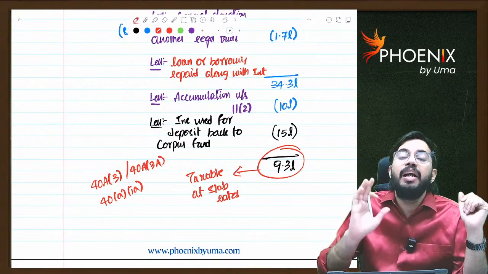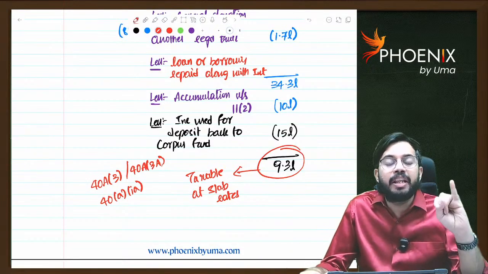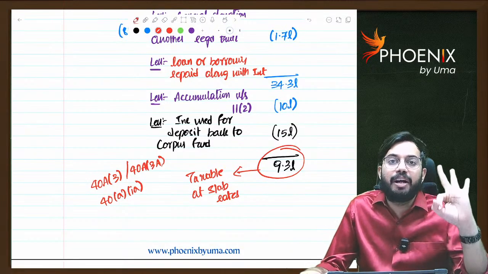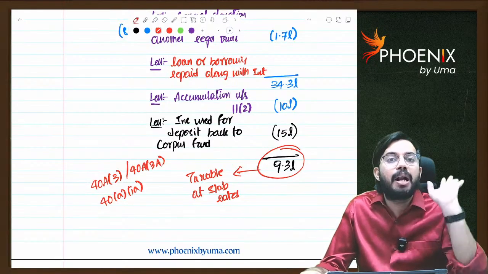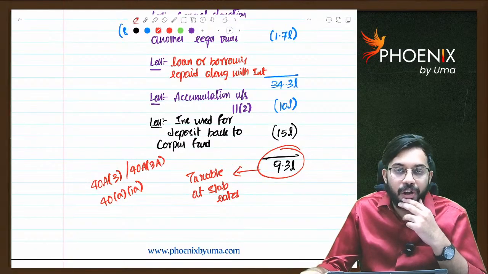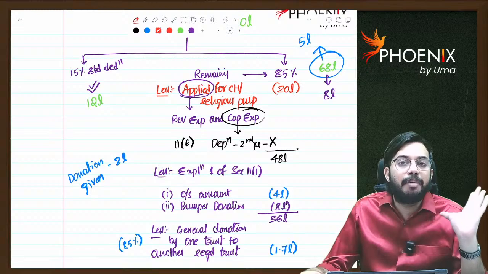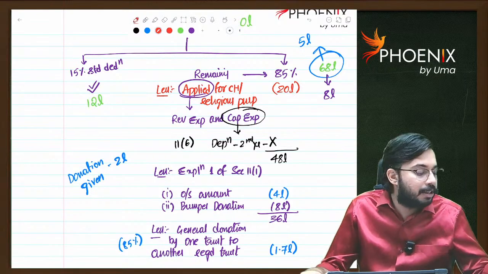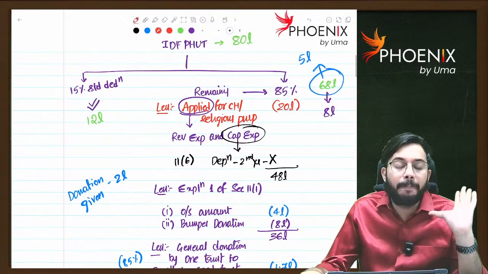In the current year, it will be disallowed and it will be treated as income. So 40A(3), 40A(3A), 40A(1)(a), all these three provisions which we have studied in PGBP, same are applicable for trust taxation also. Okay, so this is how we are going to calculate income of charitable or religious trust as per Section 11(1). Section 11. I hope you understood it.